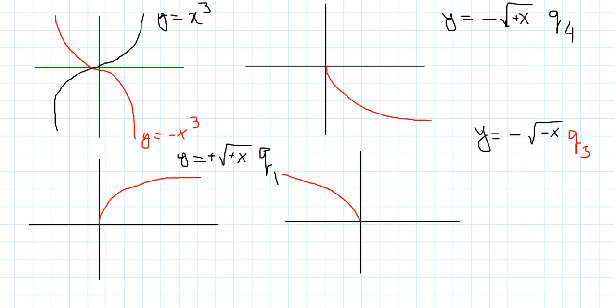Easily I drew it. Sorry, y is negative, x is negative. So here if you see y is positive, x is negative. Let me erase it. It should be in quarter number 3, not quarter number 2. So it is in quarter number 3. It is correct.